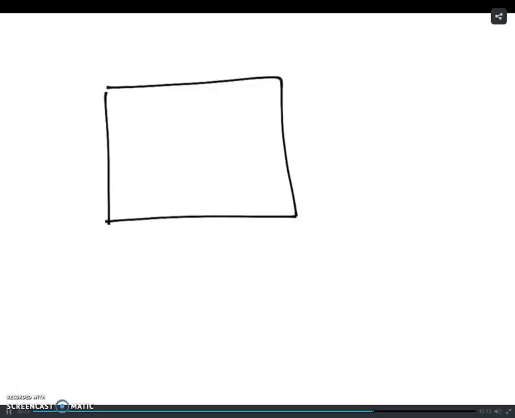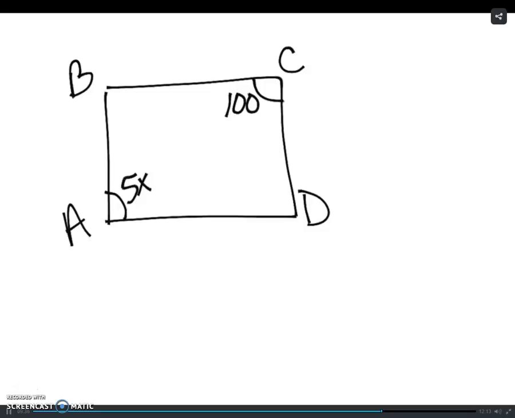Okay, let's try some examples just to get you ready. What if we gave you a shape and told you it's a parallelogram, and on this shape this angle is 5x and this angle is 100? What do you know about those two angles? They have to be congruent, so we set them equal to each other, and then you could solve for x.